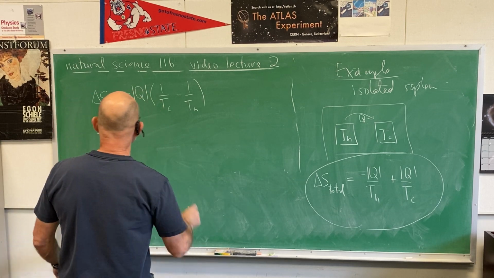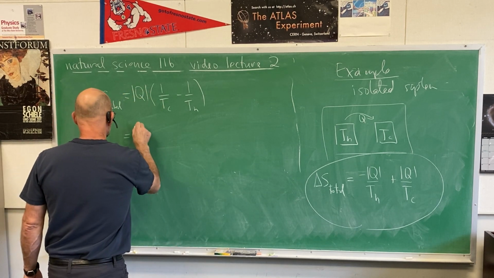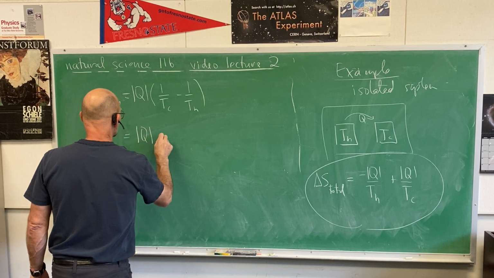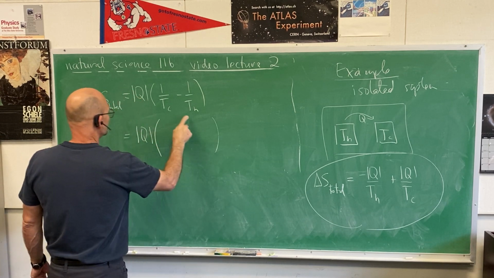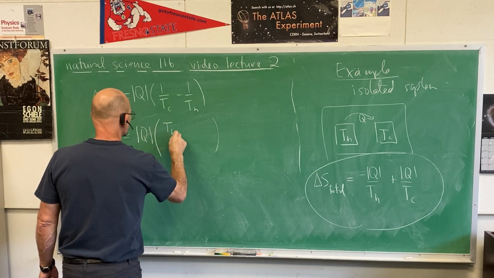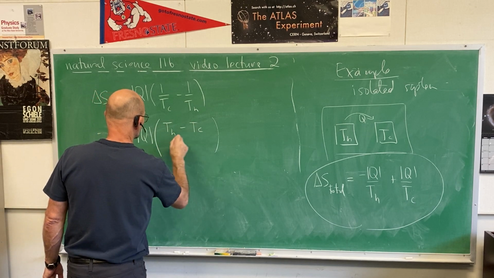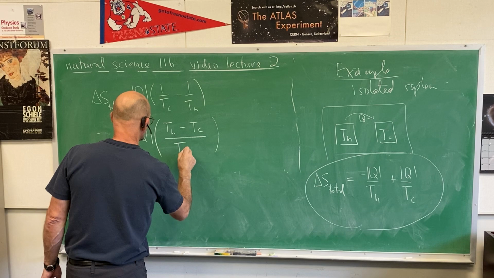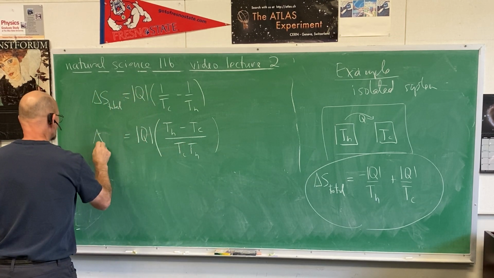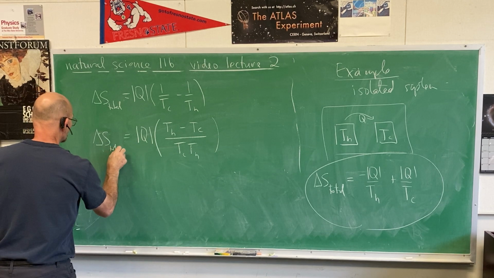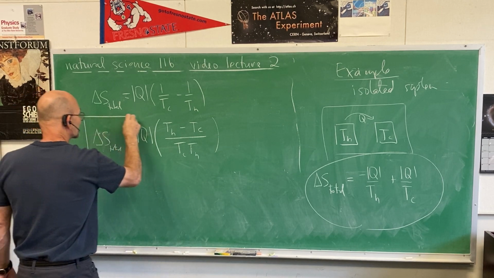And to make it even more clear, Q, I'll do a common denominator. You guys remember that? So that would be TH minus TC over TC times TH. Delta S total.